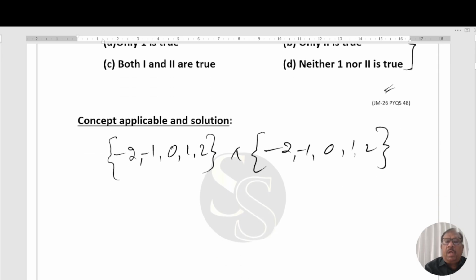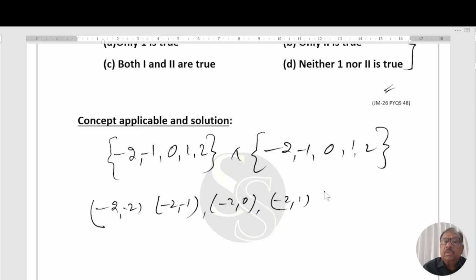Make the Cartesian product and pick up only the pairs which satisfy the condition. The pairs are (-2, -2), (-2, -1), (-2, 0), (-2, 1) and (-2, 2). The condition is 1 plus ab greater than 0.